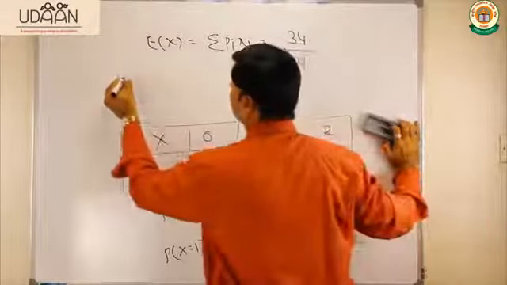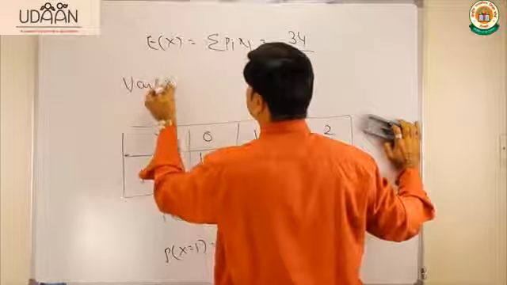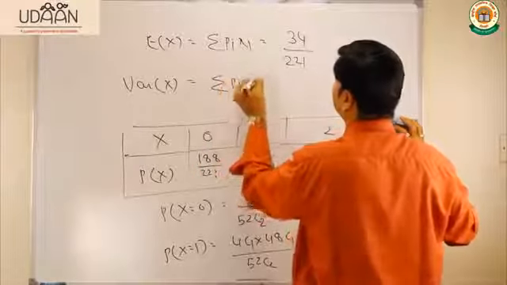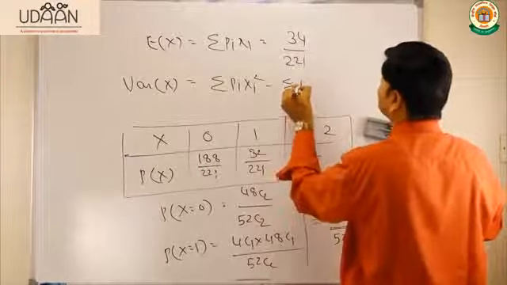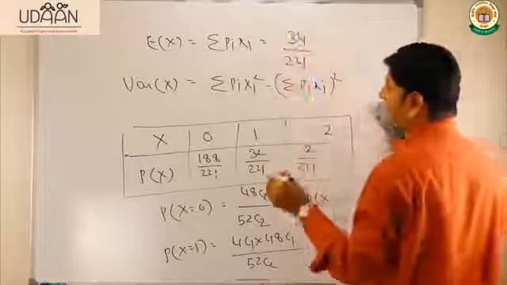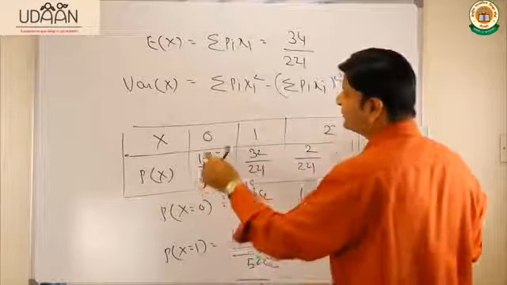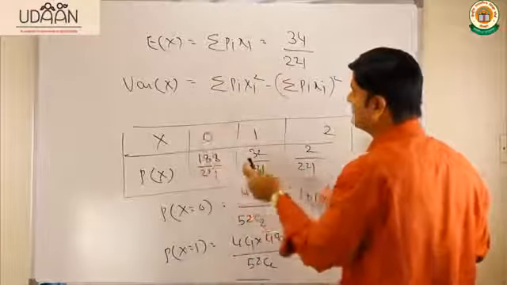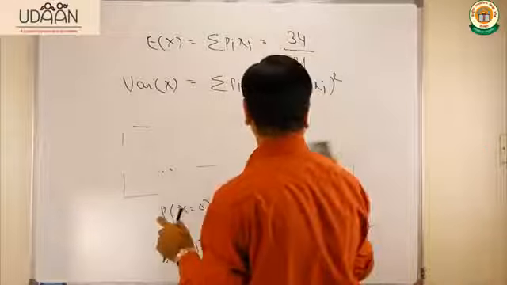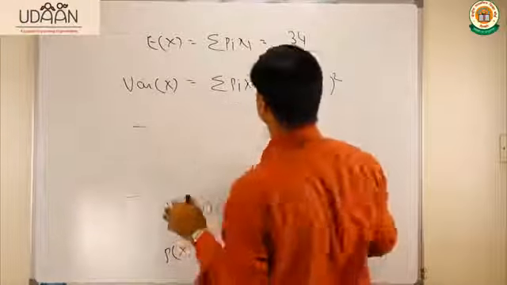When you go for the variance of X, you know in variance you have to first calculate the summation of pi xi square minus the square of the summation of pi xi. Sum of pi xi we just calculated. Sum of pi xi square means this into 0 square plus this into 1 square plus this into 2 square. That calculation is the same as we have done just now.